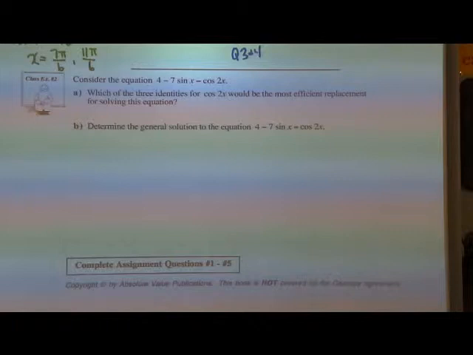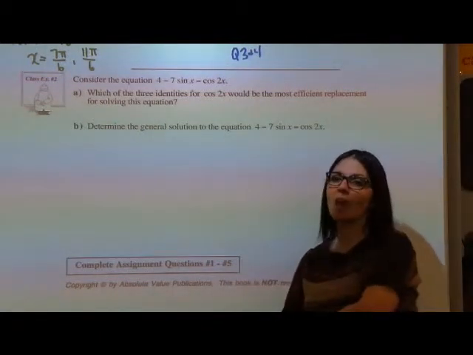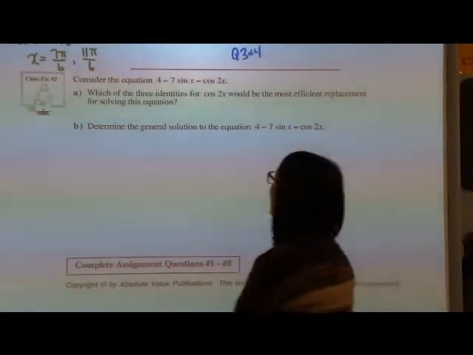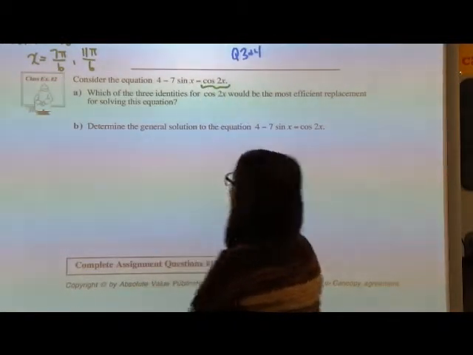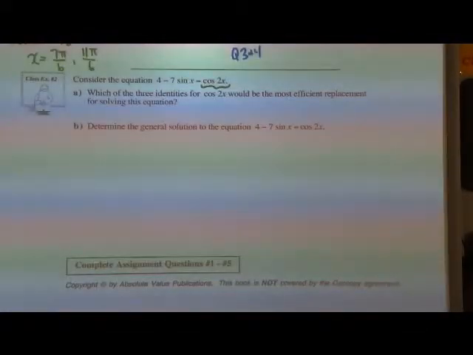Says, consider the equation 4 minus 7 sin x equals cos 2x. So if I look at this, where do you think I'm going to have to make a replacement? The cos 2x. And when I go to make my replacement, which selection, because cos 2x has 3, which one do you think I want to use?